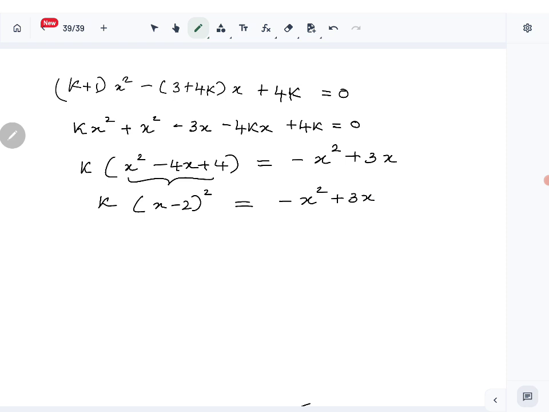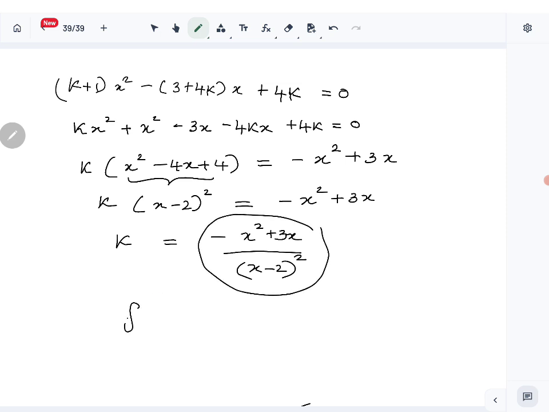So x is not equal to 2. So let's divide by that. So k is equal to minus x squared plus 3x over x minus 2 squared. So this is what actually? This is the function. So we are trying to solve what then? Fx equals k. Solving this is the same as solving fx equals k.